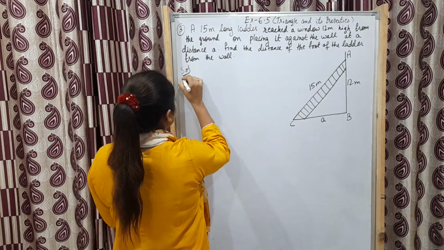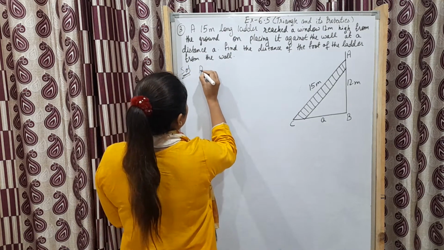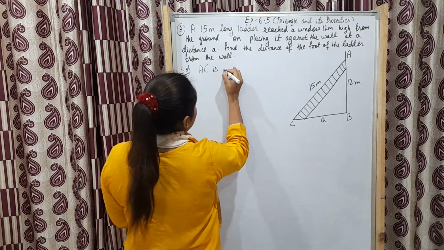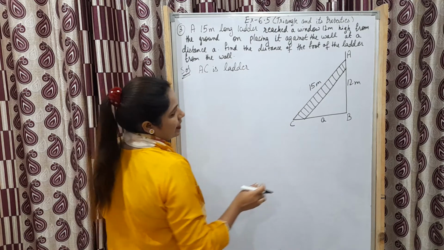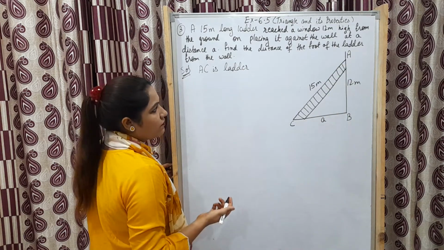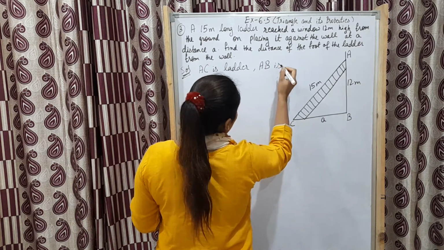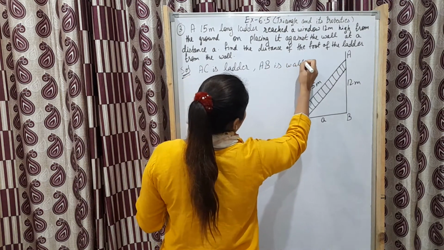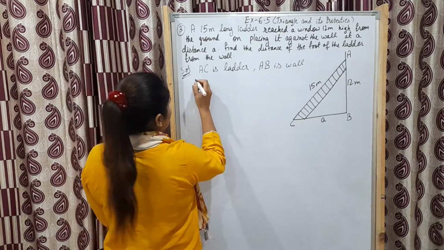While doing the solution, first we will write what we assume. That is AC is ladder. And this one is our AB, that is wall. AB is wall and C is foot of the ladder.